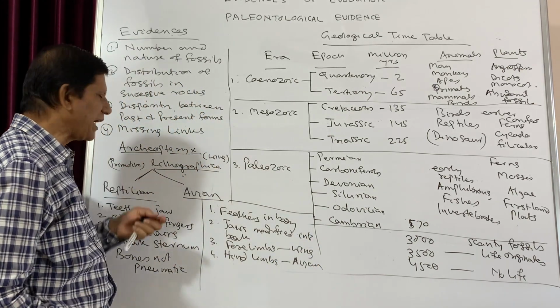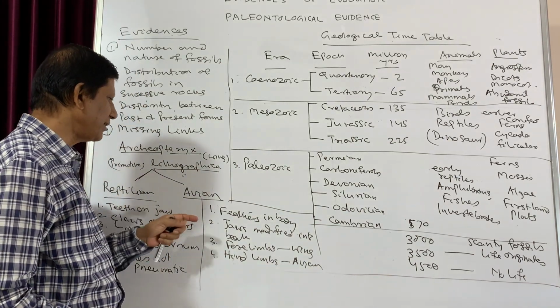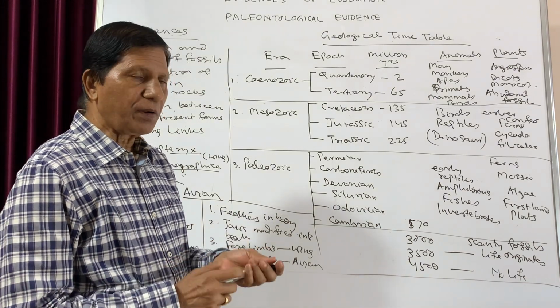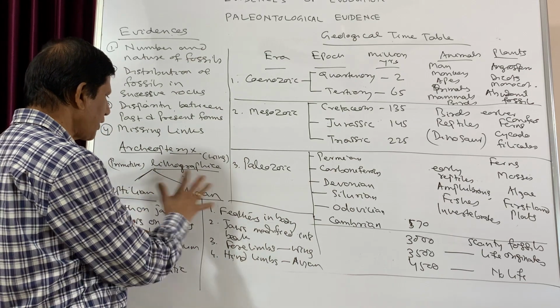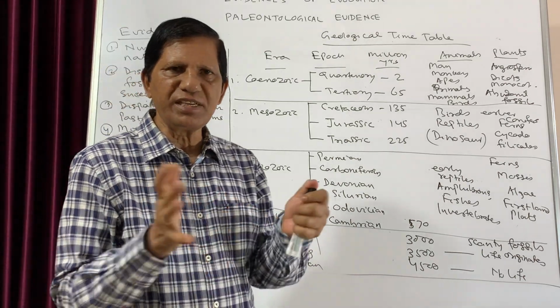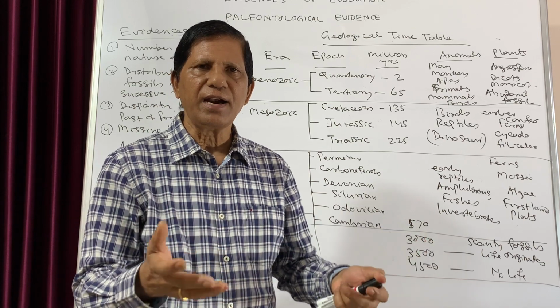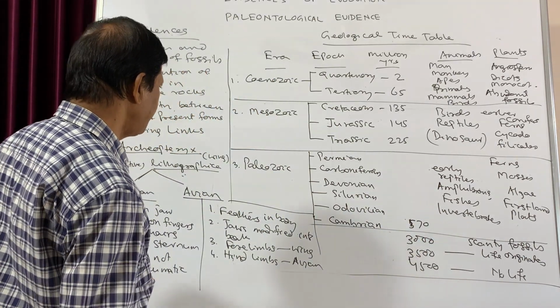That means the archaeopteryx possesses characters of both reptiles and birds. So from the fossil of this archaeopteryx, it is found to be a connecting link, a missing link between the reptiles and the birds. Now the second evidence also will give.